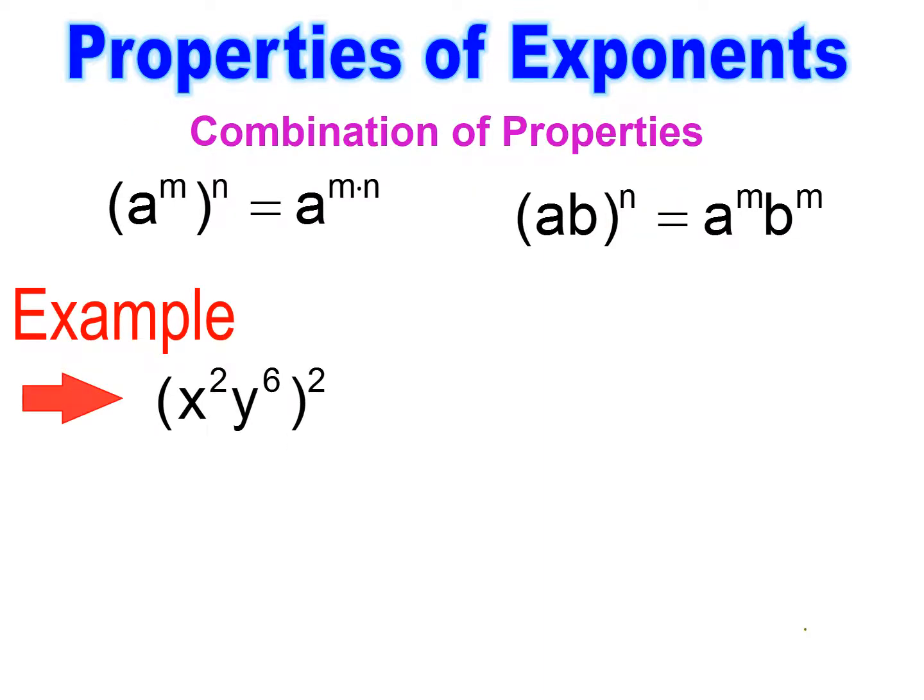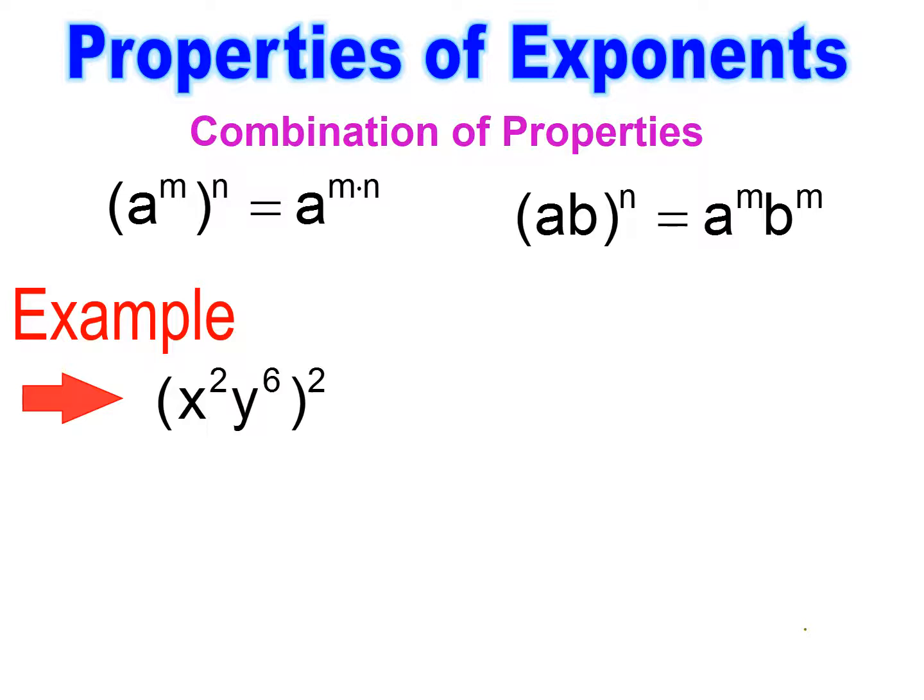So now most of the time when we do properties of exponents, it will be a combination of properties that we will be working with. So in this case, we're going to be doing a combination of a power to a power and a power to a quantity. So when we have a quantity raised to a power and then what's inside has powers, you need to take that power on the outside and give it to everything inside by multiplying the two powers together.